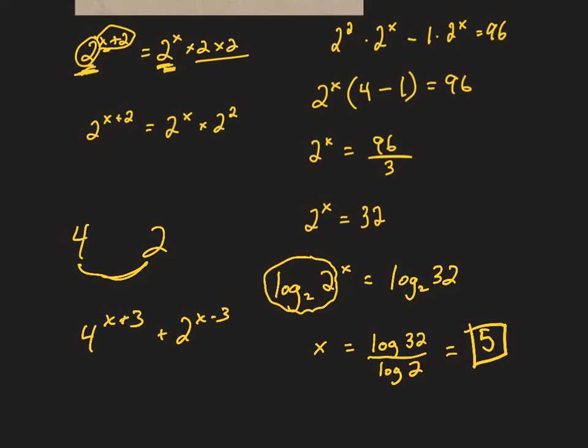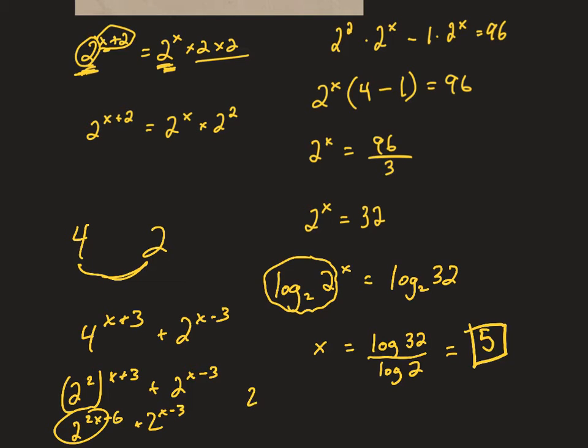And then you could just say, well, this is the same as 2 squared, which is 4, to the x plus 3 plus 2 to the x minus 3, something like that. And then this is going to be 2 to the 2x plus 6 plus 2 to the x minus 3. And you just keep working that way.